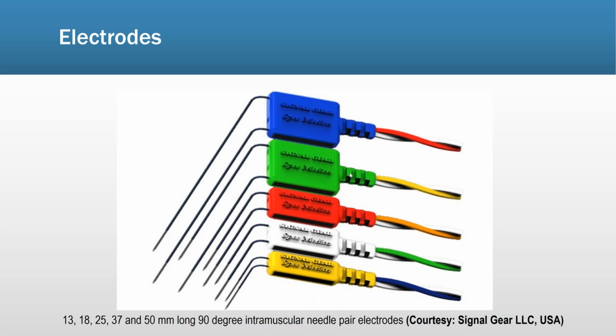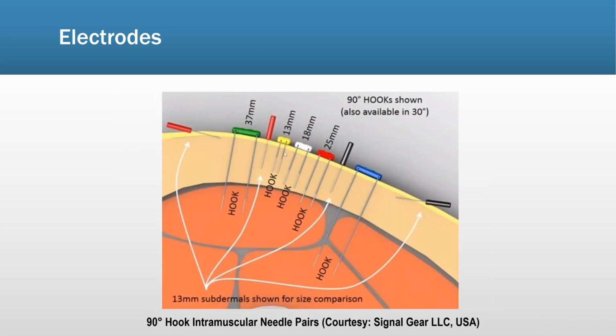The needles are insulated except for the tip. If the patient is obese and the BMI is very, very high, and you put in a subdermal needle, you will be very far from the muscle. Having a longer needle gives you more possibility of reaching the muscle.